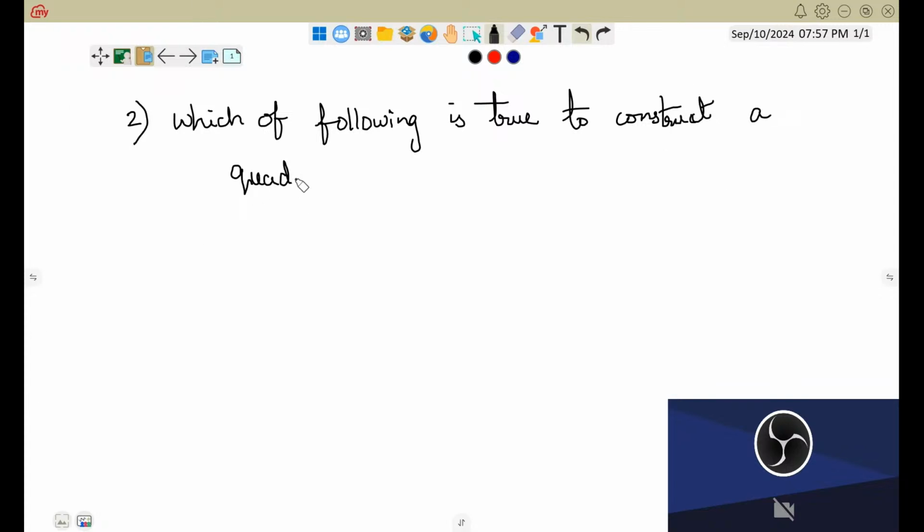See, which one is true to construct? Four options are given.